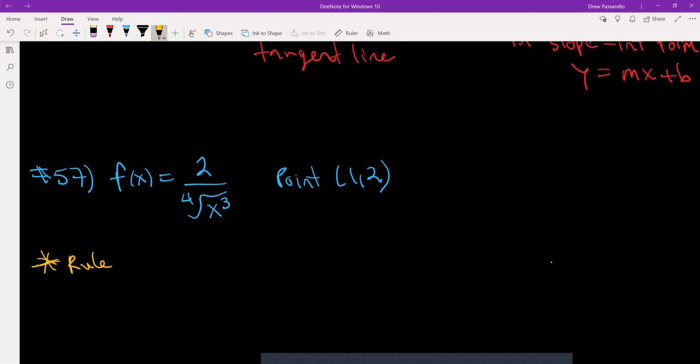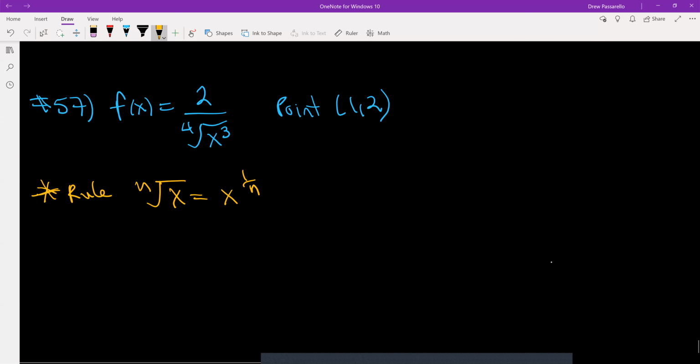So I know I had a rule where the nth root of x equals x to the 1 divided by n. Now this is just if you have x underneath the radical sign. Here we have x cubed. Now in general, if you have the nth root of x to the m, where x has an exponent, that's equal to x to the m divided by n.